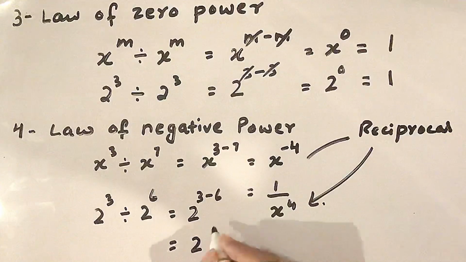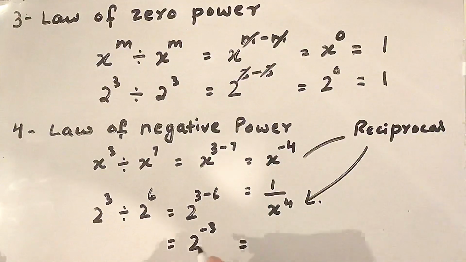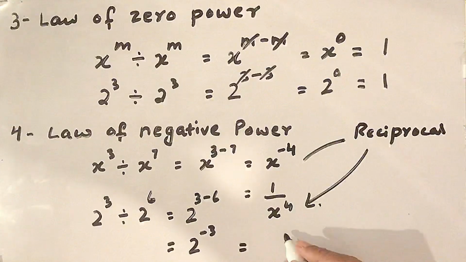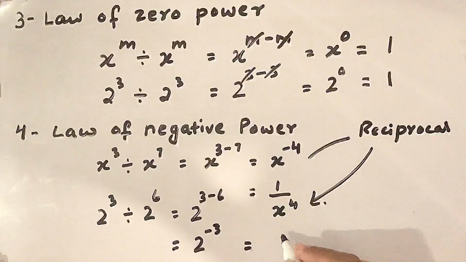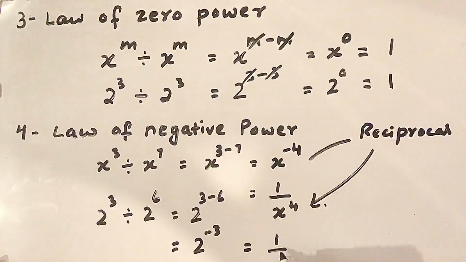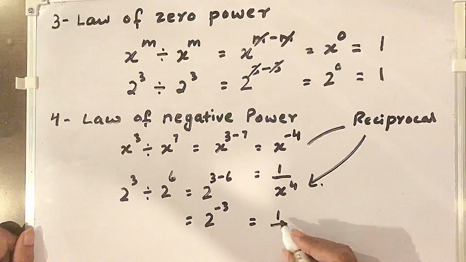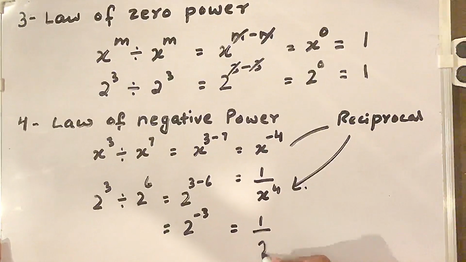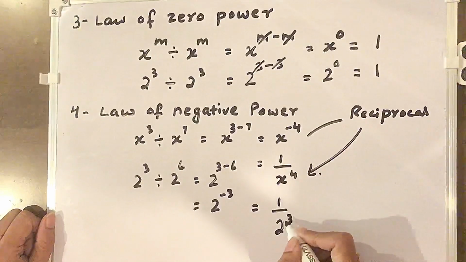Here comes 2 power minus 3. Also we do the reciprocal of this number. This number will divide by 2, but their power, which was negative, changes to the positive sign. We remove the minus from the power.